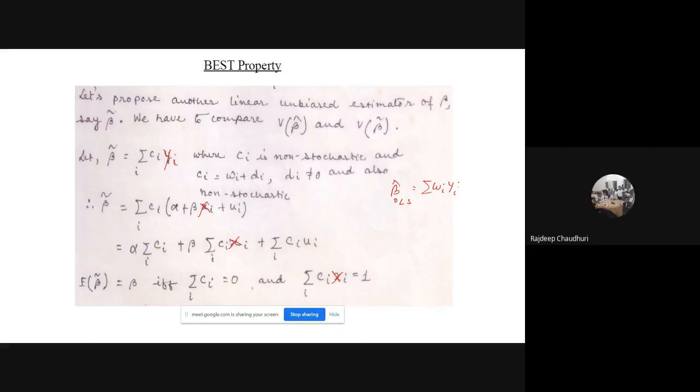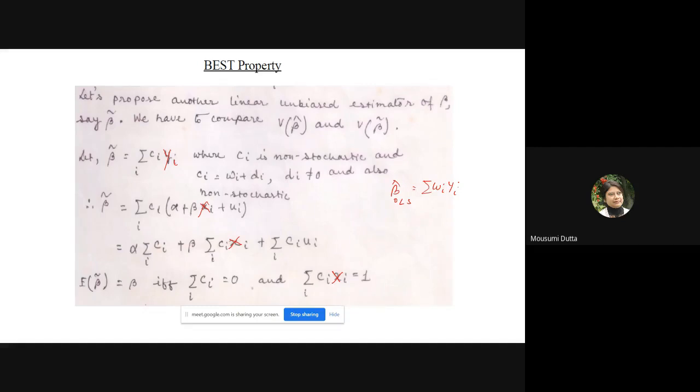Ci itself is non-stochastic, so all the components of Ci should be non-stochastic. Already we have defined Wi. Along with Wi, this Di may be positive, Di may be negative, however non-zero. So I am adding one non-zero element. It can be positive, it can be negative.